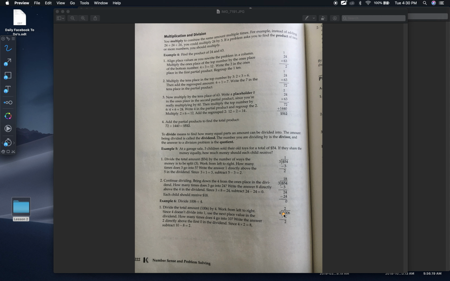So then we subtract 10 minus 8 is 2. So now we see again, does 4 go into 2? No, it does not. So we're going to have to use the next number over that hasn't been used yet, 0. We put it right here. Okay, then 4 goes into 20. Yes, it does go into 20. Let's go to the next page where this continues.